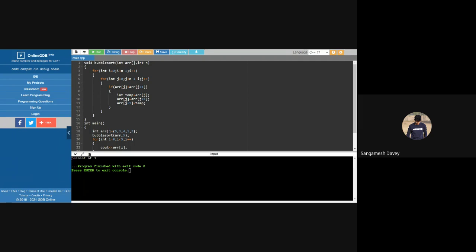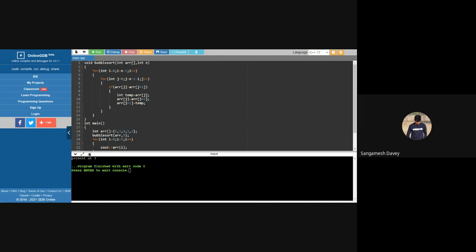See here, basically, if no more swapping happens, that is, after a point, if I don't swap any two elements, can I say the array is already sorted? You know this, right?